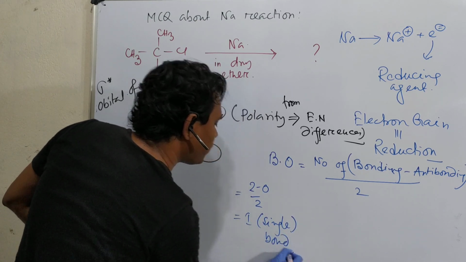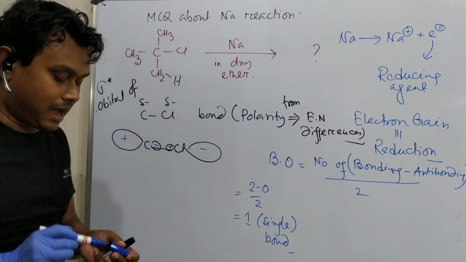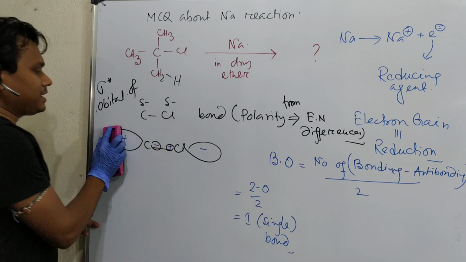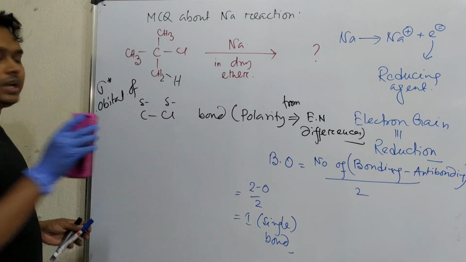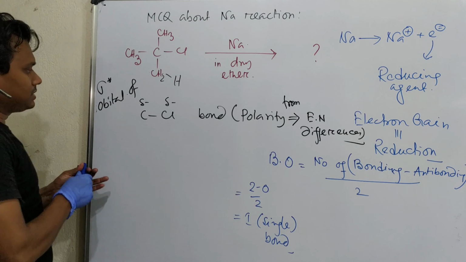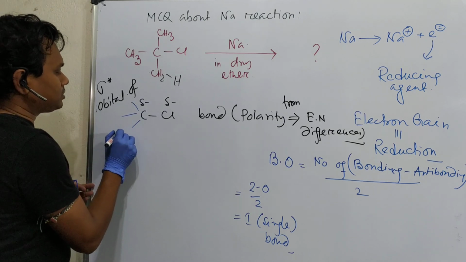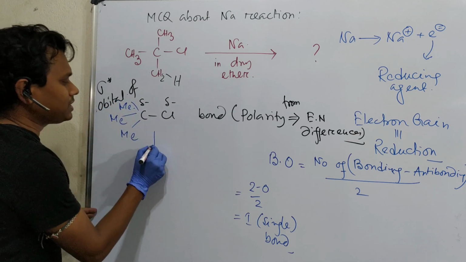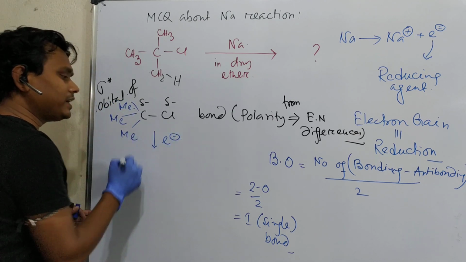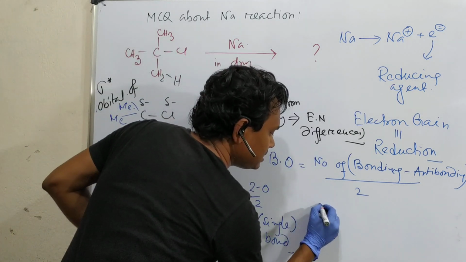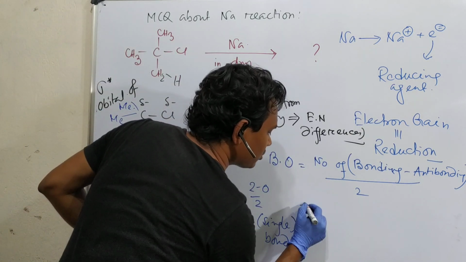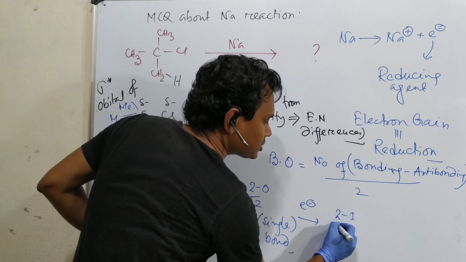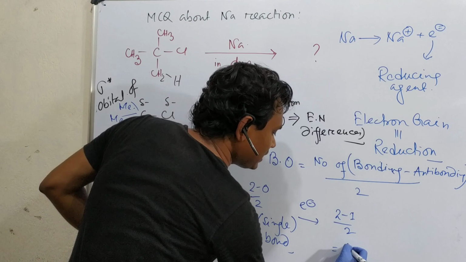So when one electron is added, that electron goes to this anti-bonding orbital. There are 3 methyl groups. After one electron goes to the sigma star, the bonding orbital has 2 electrons and the anti-bonding has 1 electron, so bond order is 1 divided by 2, equal to 0.5.